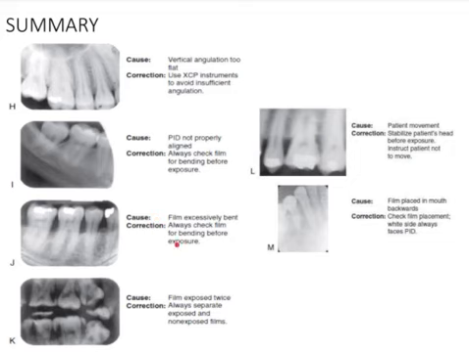Okay. Film excessively bent. So if a film is excessively bent, then a black line appears on the radiograph. Then the film exposed twice. That means double exposure.